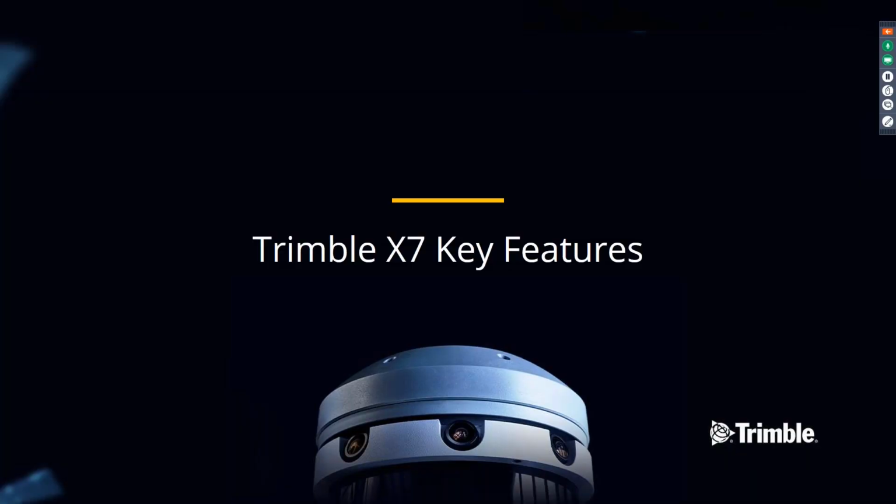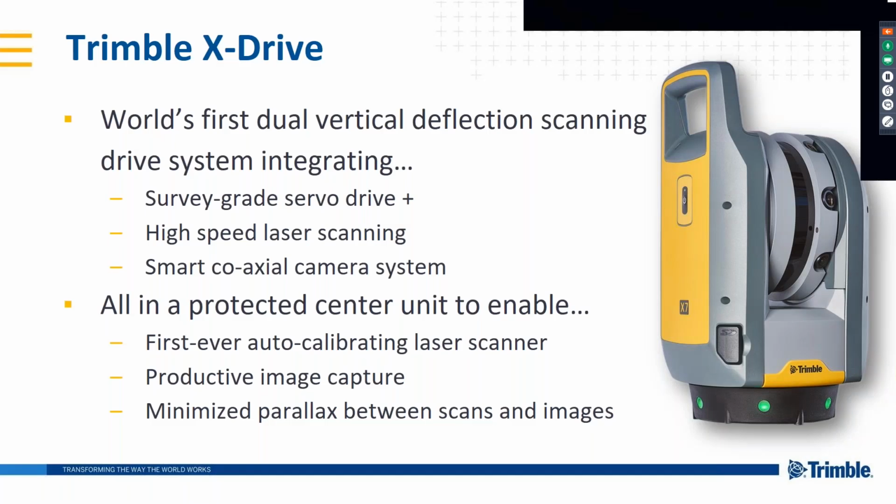So to go through some of the key features on the X7 is important, because that's also some of the key things that our Perspective software is using. And one of the things we call the Trimble X drive.